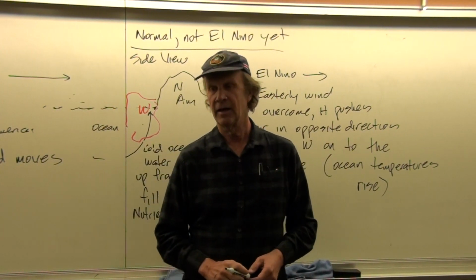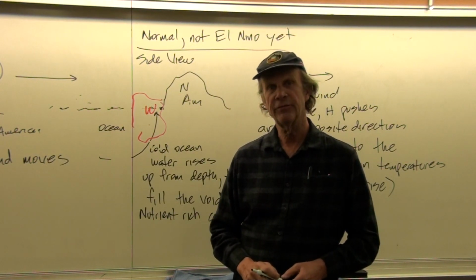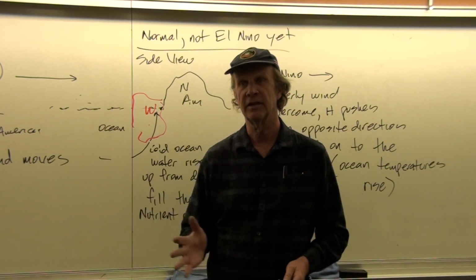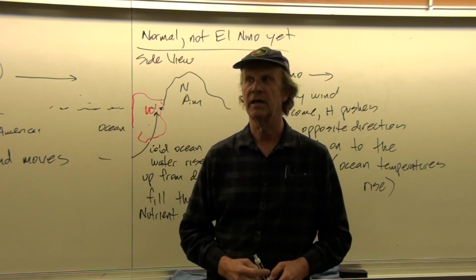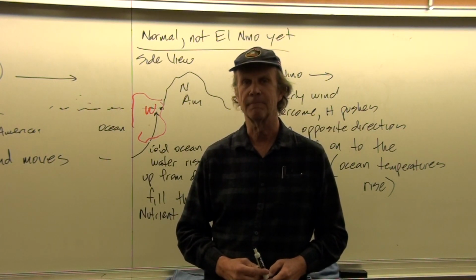Now, I should mention, just as a brief side note here, that the operation of our nuclear power plant, Diablo Canyon nuclear power plant, will have the same effect on the local ocean conditions, because it dumps out something like 1 million gallons a day of warm water into the Pacific Ocean.